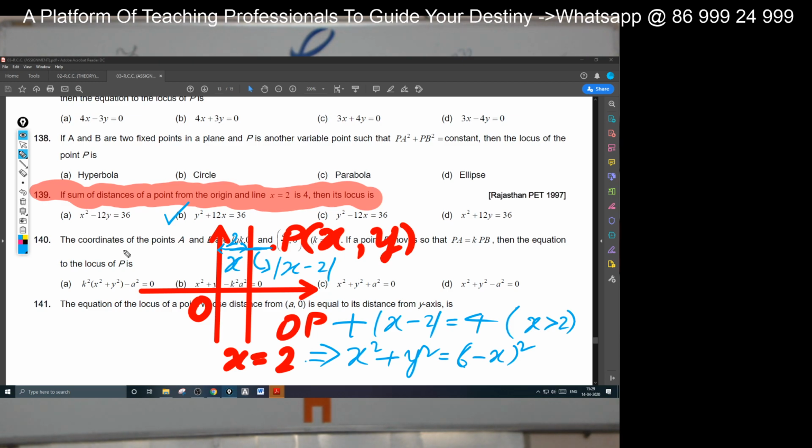Just confirm. I'm changing the details now. Just confirm whether you are able to see the board or not.